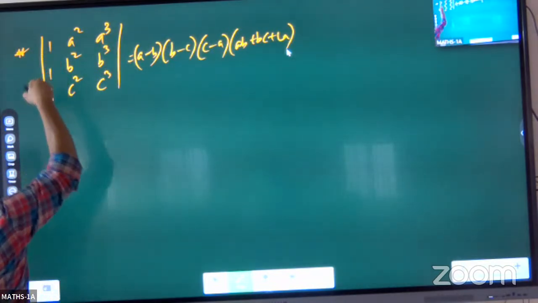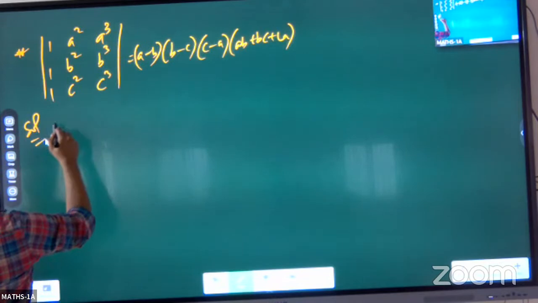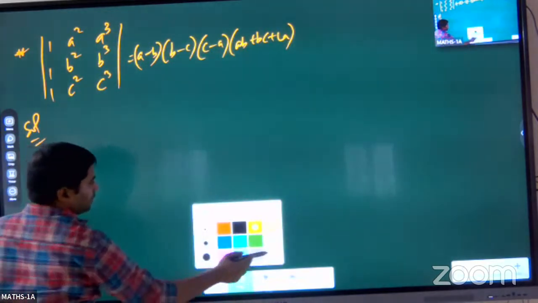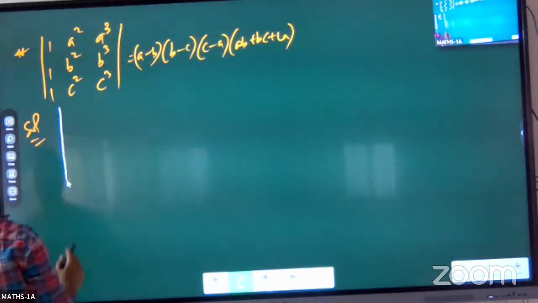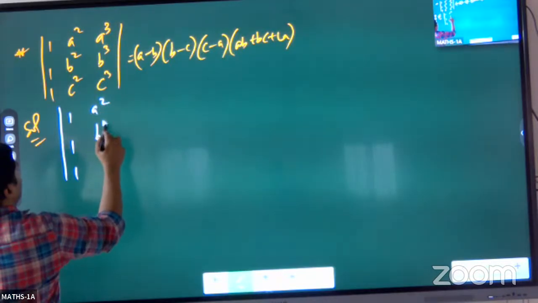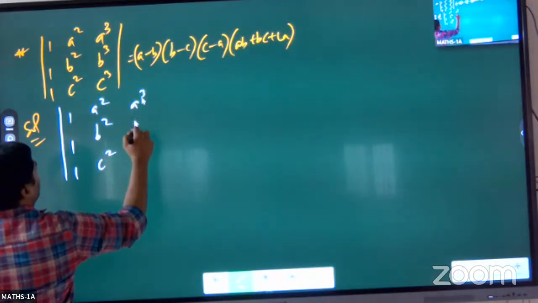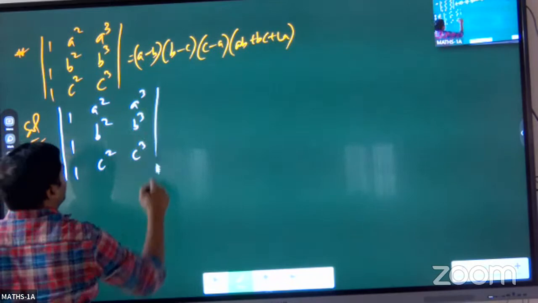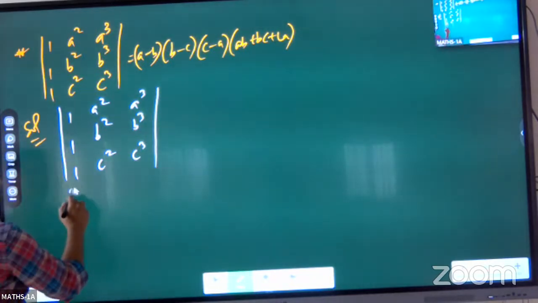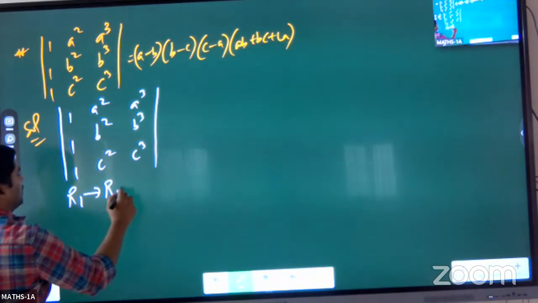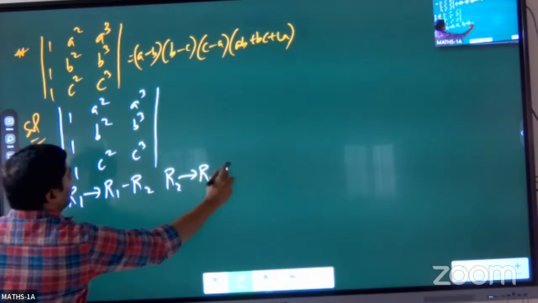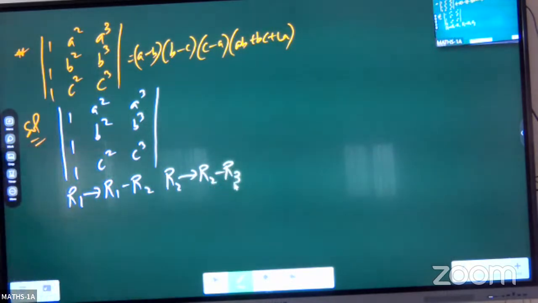Now the ones are there in a column, correct? Where are your ones? The ones are there in the column. That is 1, 1, 1, a square, b square, c square, a cube, b cube, c cube. Right? Means you are going to apply row operations. That is R1 tends to R1 minus R2, R2 tends to R2 minus R3.